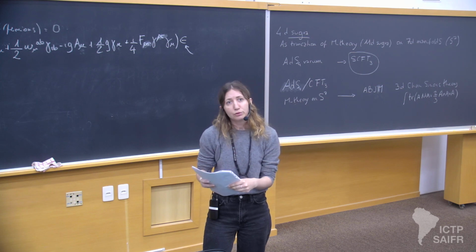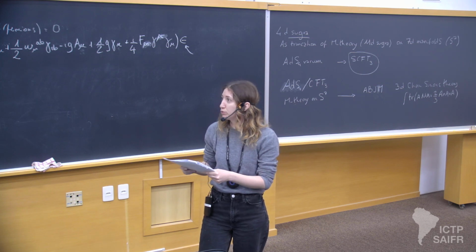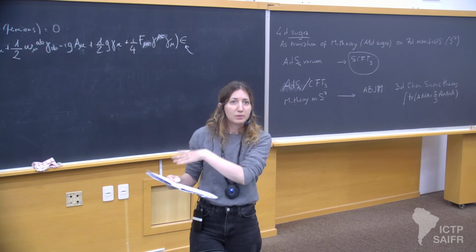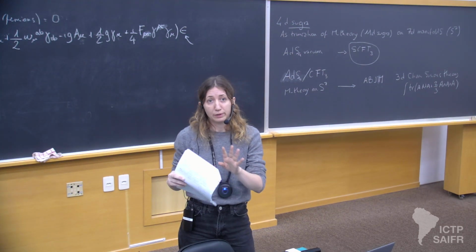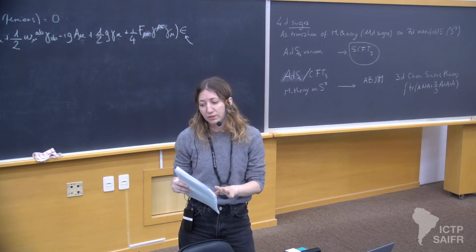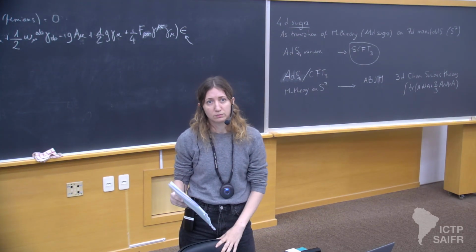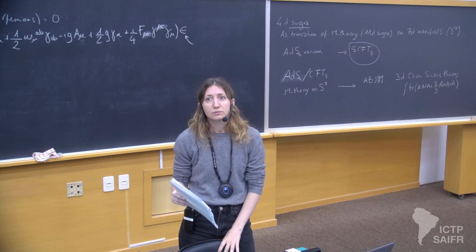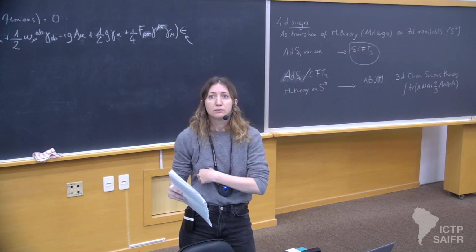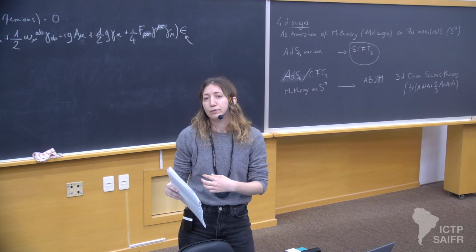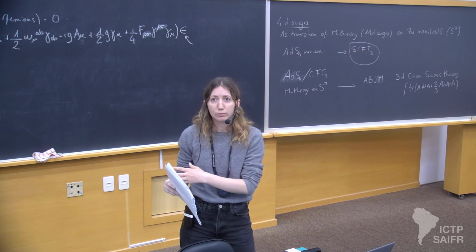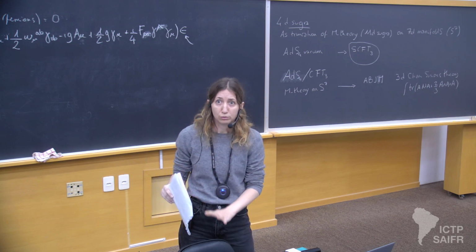For finding explicit solutions, I'm going a bit fast, but in finding our configurations, I will set the fermions to 0. It's as if I solve my equations of motion by setting all the fermion fields to 0.